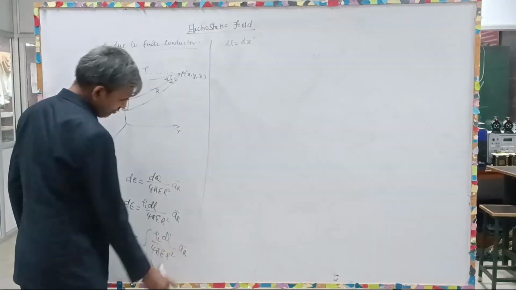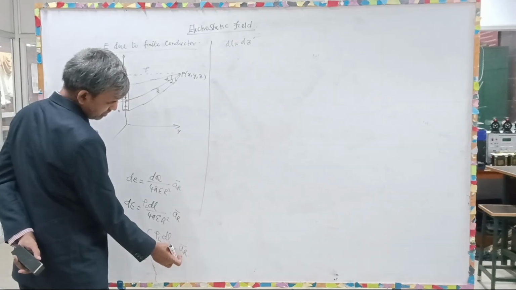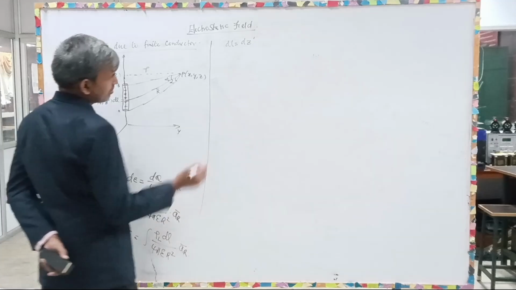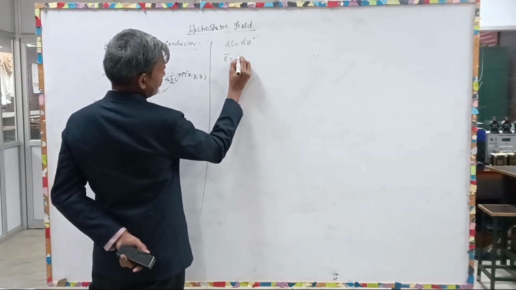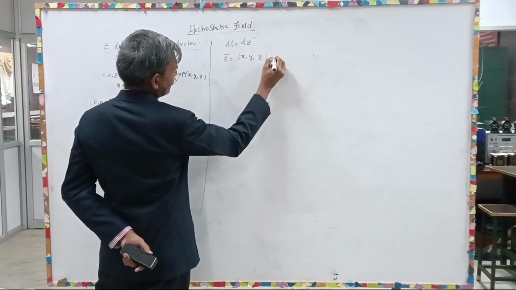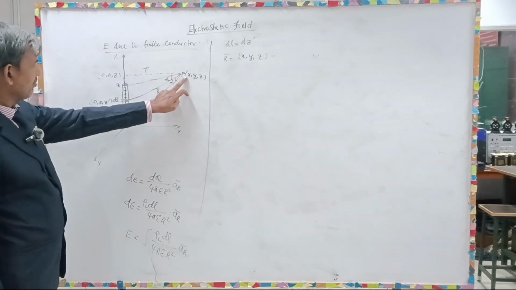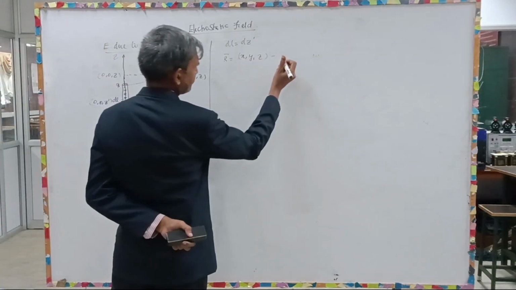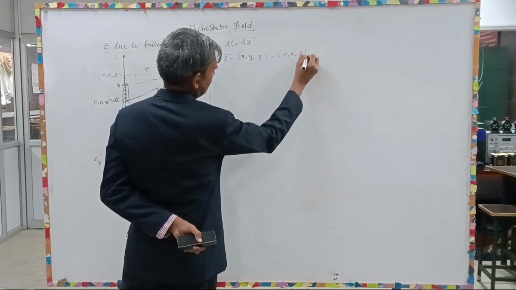After that we are finding the unit vector. We know the unit vector is equal to the vector divided by the modulus of the vector. First I am finding the r vector, the distance vector at the point P, x comma y comma z, with respect to the differential length 0, 0, z dash.